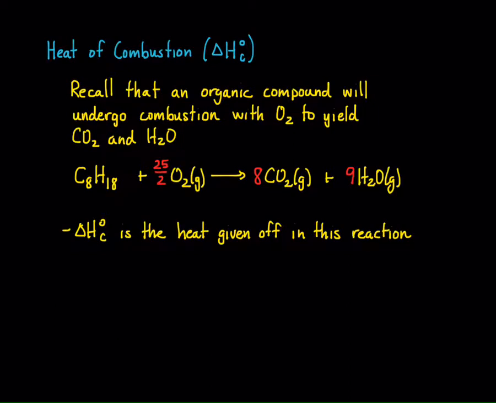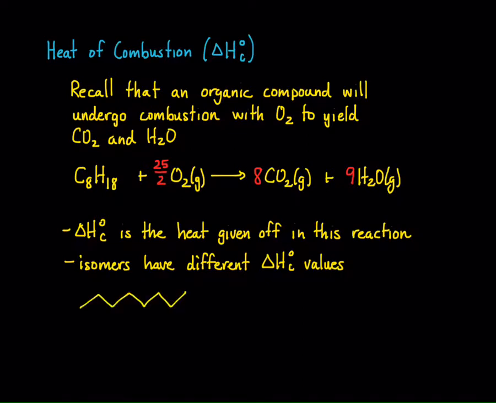The other part that you need to understand is, when I'm talking about octane, I know that octane exists in several isomeric forms. And when I look at the delta H of combustion for all of the isomers, I see that they have different heat of combustion values. For example, when I look at straight octane, I measure the heat of combustion, and I see it's 1308 kilocalories per mole.